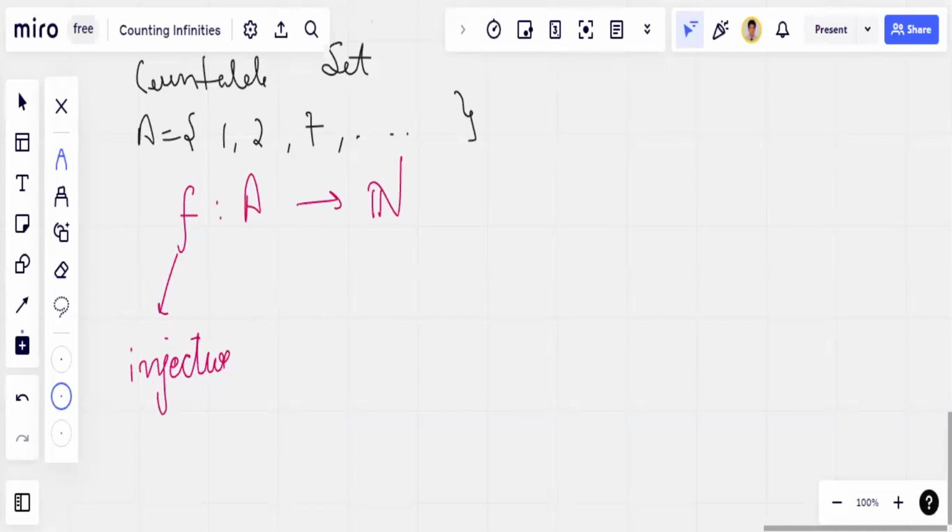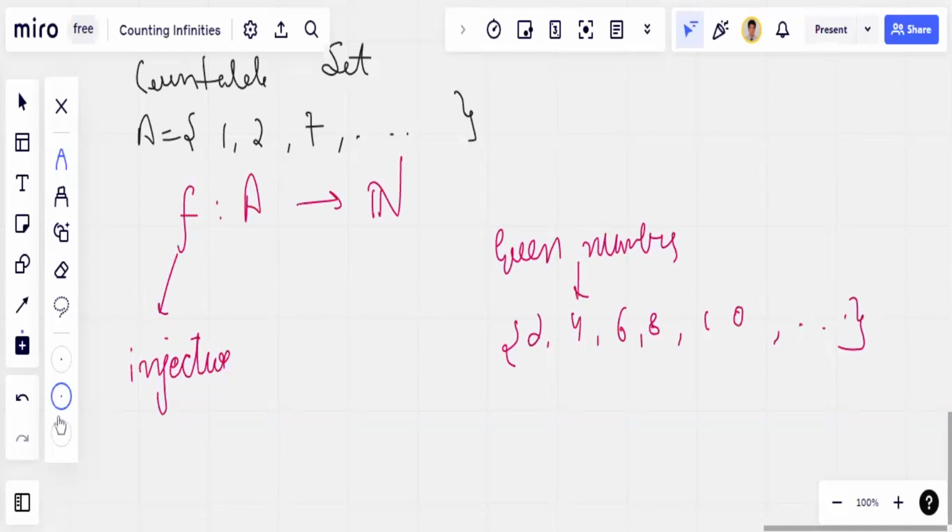The word countable suggests that you can count the set. So basically, if there exists an injection from the set to the naturals, so let's say you have the set of even numbers, which is 2, 4, 6, 8, 10, and so on. This is countable, right? Because you can map it into the naturals.